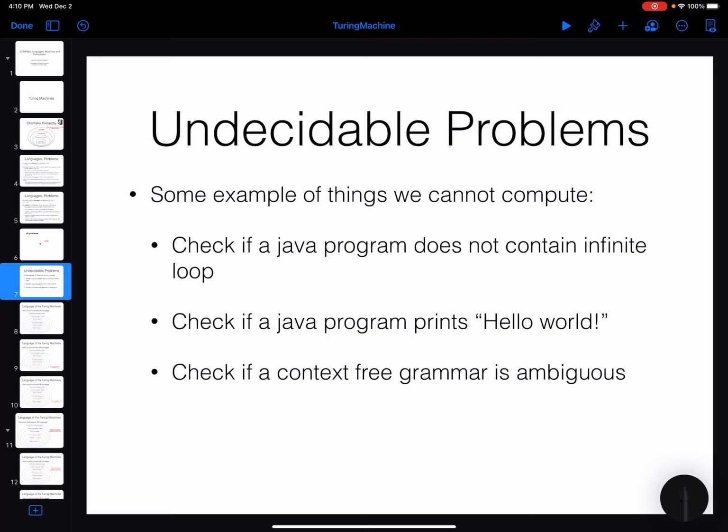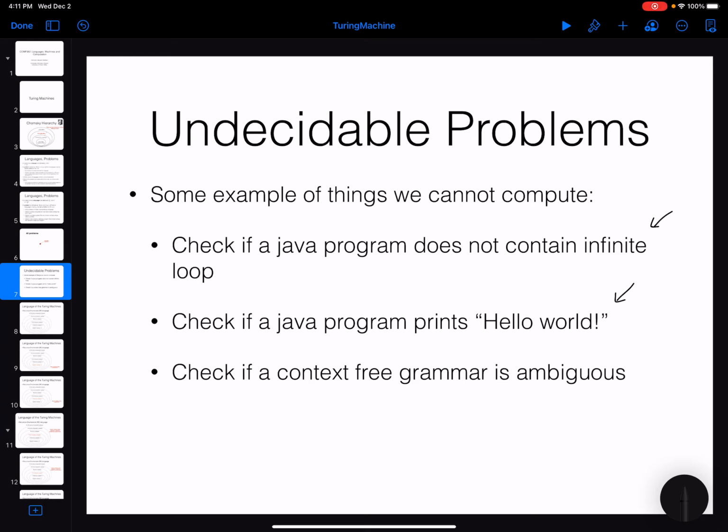Again, I'm just emphasizing that the intuition is that you should be able to check any program, and basically because you cannot check the previous one, you cannot check this one as well. The reason is that maybe the input program that is given to you has an infinite loop, and you would never know whether you are in an infinite loop or if you are still waiting for the hello world to be printed, right? So this problem is not decidable.